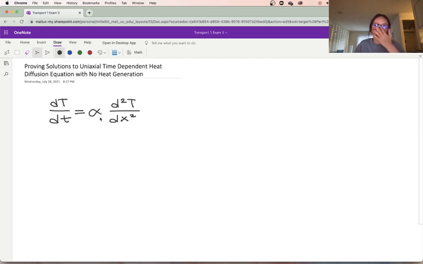And so this alpha right here is our thermal diffusivity. And what we want to prove is that e^(ikx) times e^(-αk²t) is a solution for this equation here.